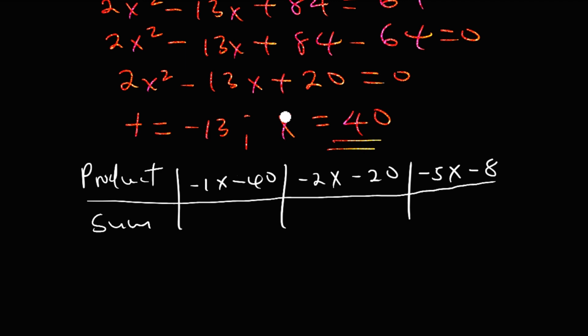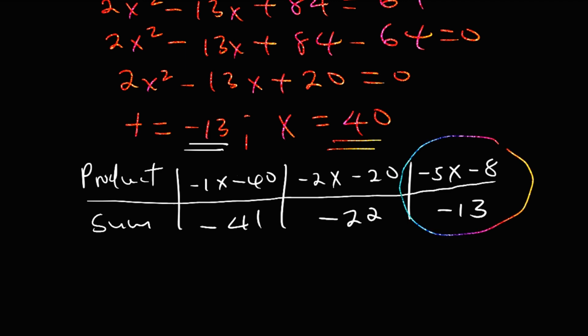So let us first of all check if any pair here will give a sum of negative 13. Negative 1 plus negative 40 is negative 41, negative 2 plus negative 20 is negative 22, and negative 5 plus negative 8 is negative 13. So it means we are just going to use this pair because it qualifies for this condition. So the numbers are negative 5 and negative 8.